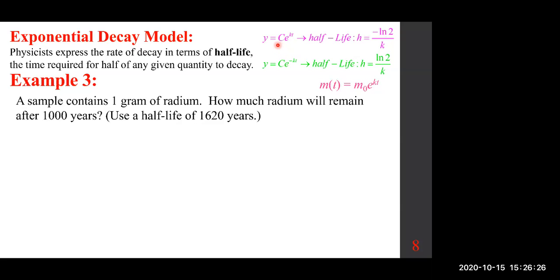The only thing I want to make a note of, it depends how you write this. If you write the function this way, the process works out that it gives you this one, minus ln2 over k. If you write a decay with a negative k, remember, we said when k is negative, it's an exponential decay. Some texts put a negative sign and keep the k as positive. Some texts do not, they just write the k.